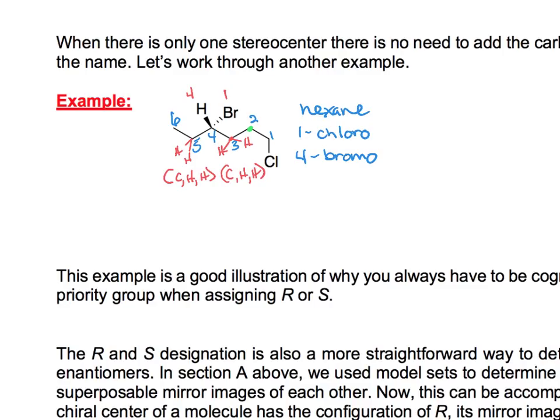This atom is attached to 2 hydrogens and a carbon, so this would be a C, H, H. This carbon here is attached to 3 hydrogens, so this would be an H, H, H. Which means this guy over here, the point of difference is an extra carbon, so this one is this green carbon here that I'm indicating with the pointer. That's going to be your second priority group. This would be 2.